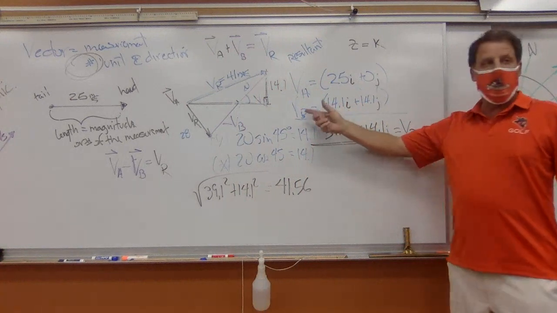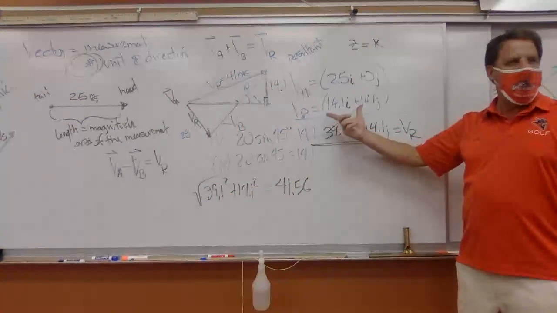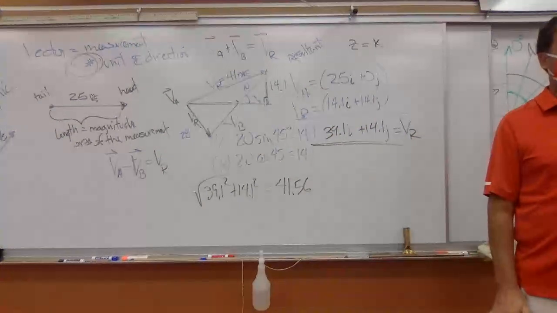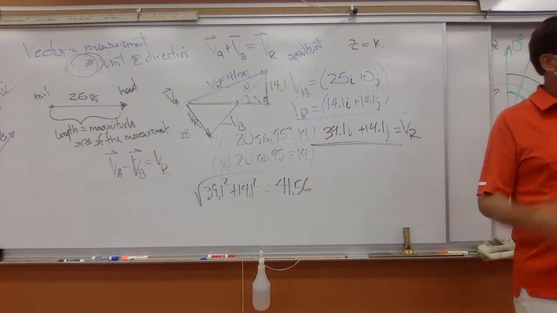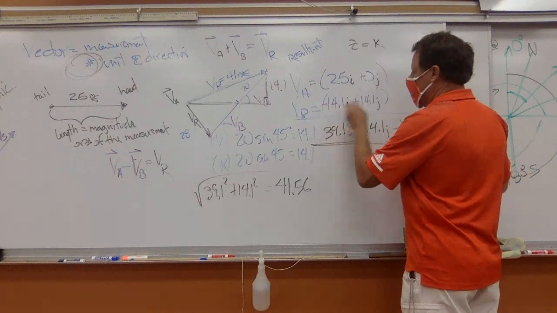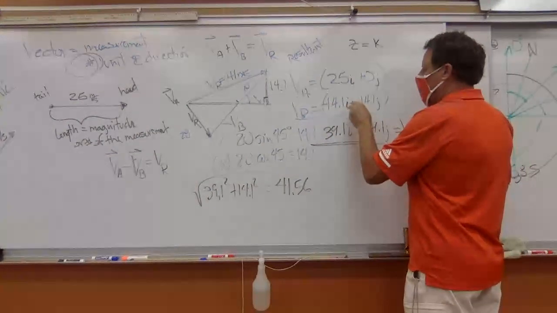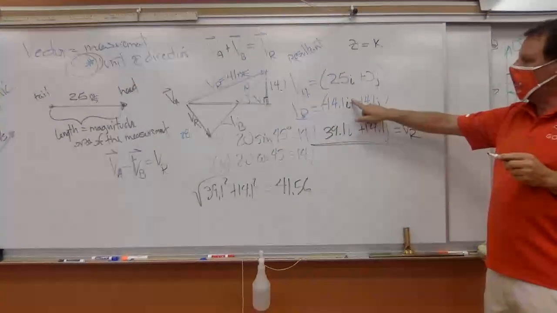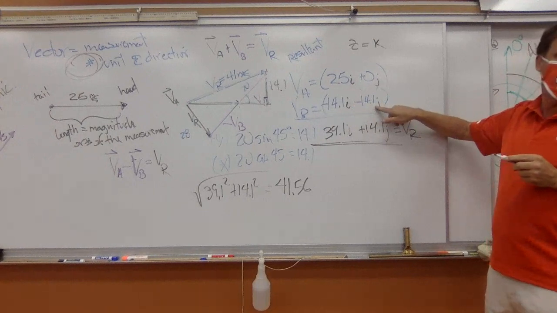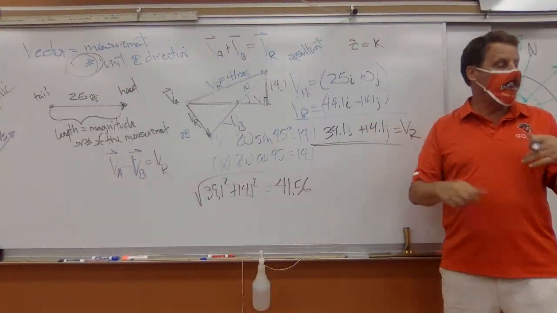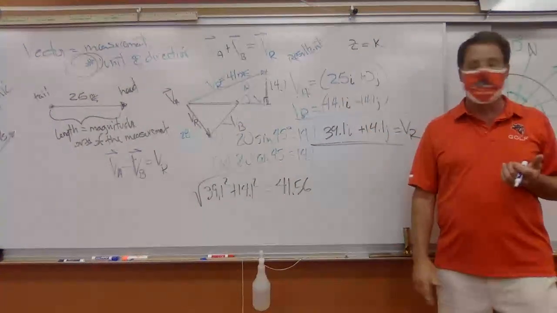Well, how do we make vector B negative? We already did the math here. All we have to do is change the signs. So now we're going to have minus 14.1 and minus 14.1. When you have a negative vector, the signs on both the i and the j just switch.